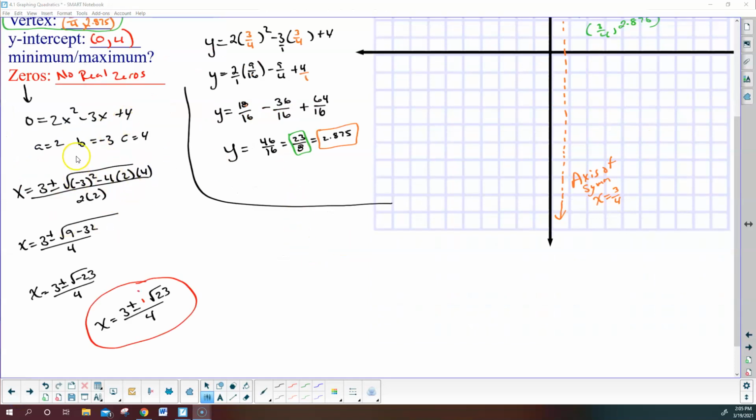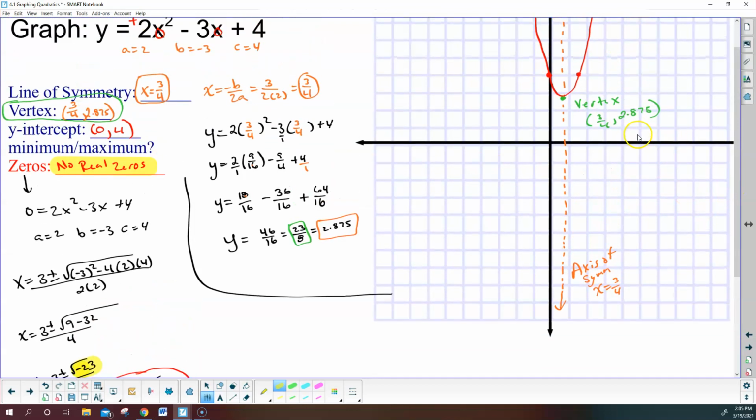Okay, so without going in great detail, if I took A, B, and C and I plugged them into the quadratic formula and I did my simplifying, you can pause the video and check. I'm going to end up with this discriminant, the number underneath the radical. Notice that's a negative 23, but that negative is pulled out and we treat that as i, which tells me I have two imaginary solutions, which is why I have no real zeros.